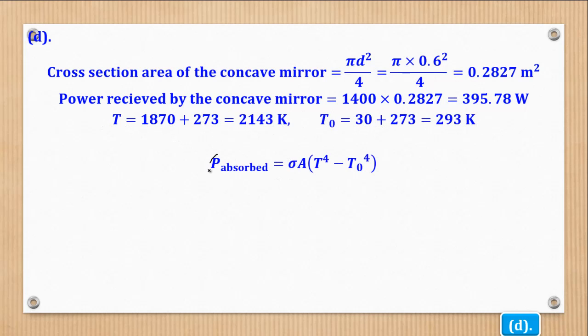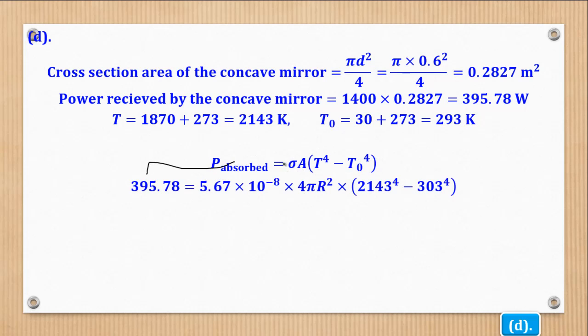This is the formula. Power absorbed will be equal to this times that. So substitute power absorbed. This is a constant, usually put at the beginning of the paper, those constants which I showed you at the beginning of the video. Stefan's constant.